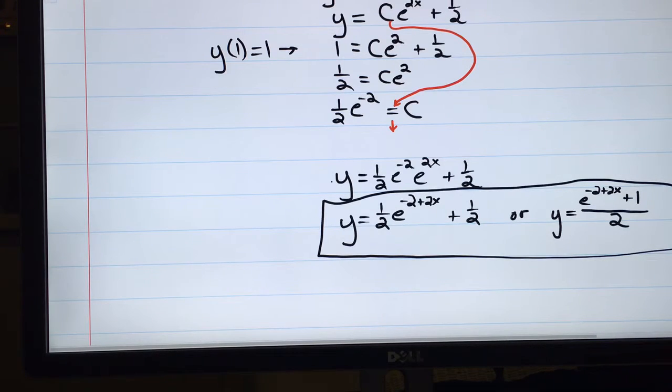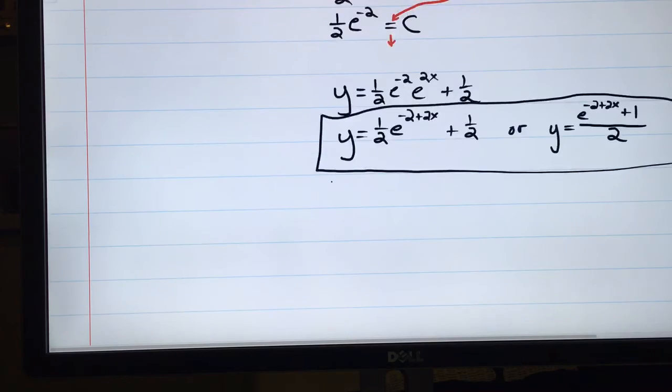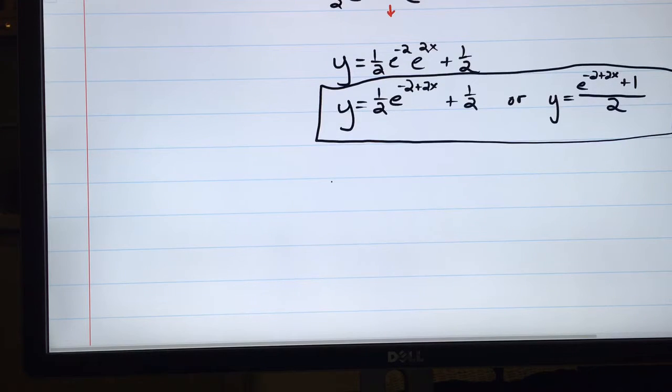Now, in the case of number 34, for this particular problem, we're looking at working with exponential equations.